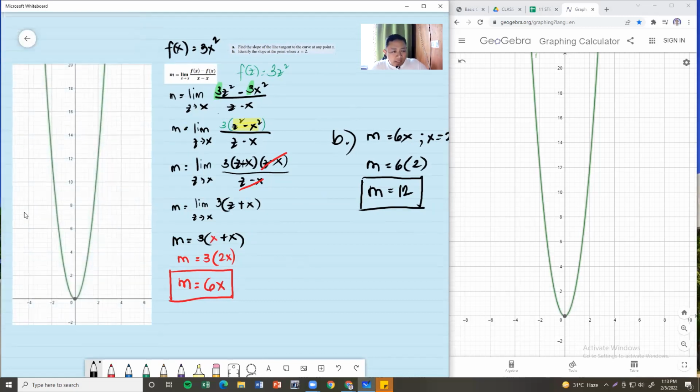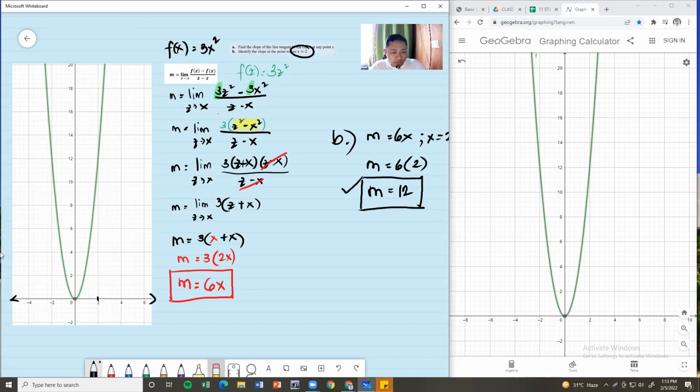Can you follow? And at a certain point, x is equal to 2. Look at this. This is our x-axis. So here we will find x is equal to 2. At x equals 2, at this point, where will the tangent line touch? And as you can see in here, that is 12.